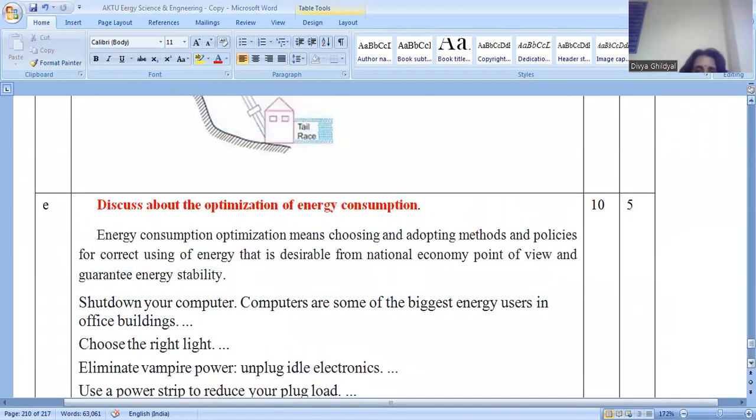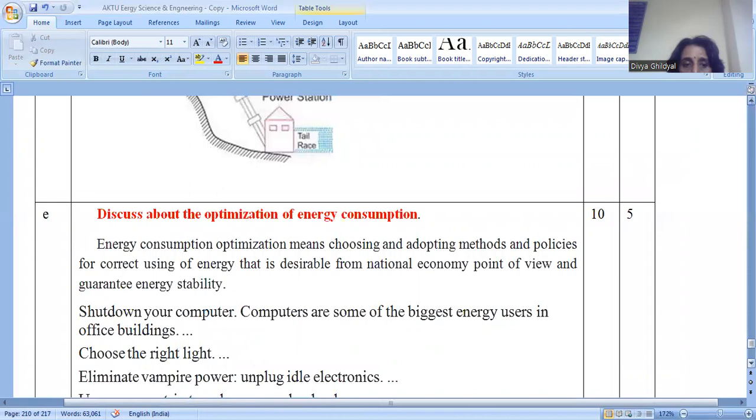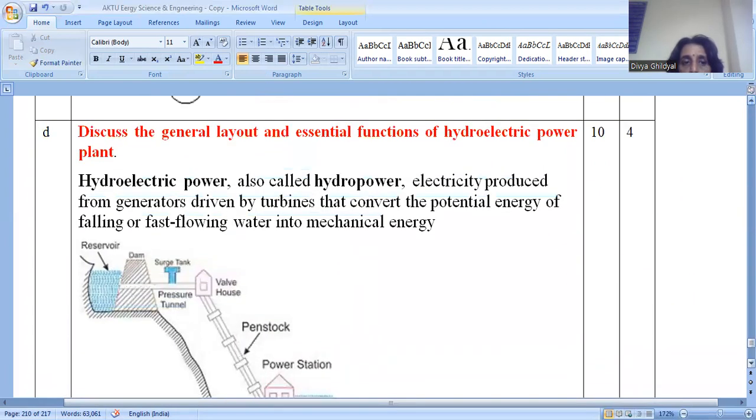Optimization of energy conservation means choosing and adopting methods in day-to-day life to control energy wastage. Like one should switch off lights when they leave the room, one should shut down the computer, one should see to it that they do not waste energy.